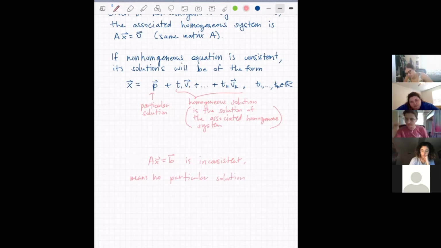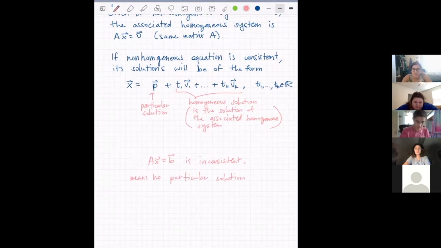And it's always the case that the homogeneous system is consistent, right? So it might have a bunch of solutions, but if you have no particular solution, you get no solutions of the non-homogeneous equation, even though you could write down the homogeneous solutions. Hopefully I said that in a way that made sense.